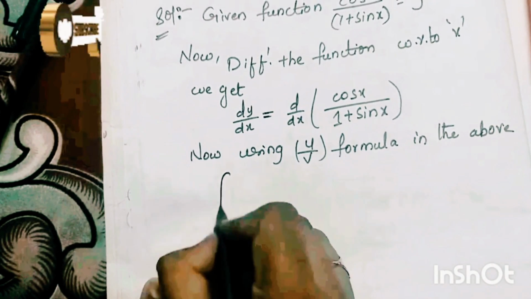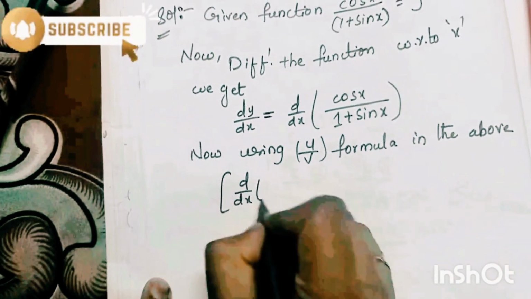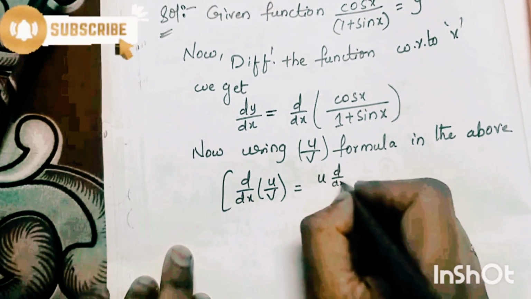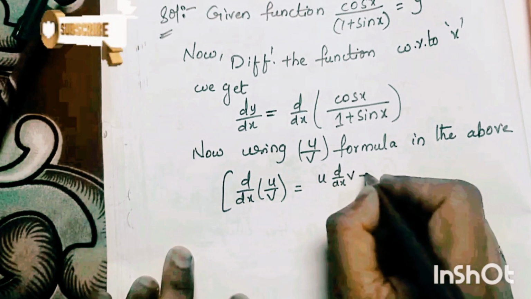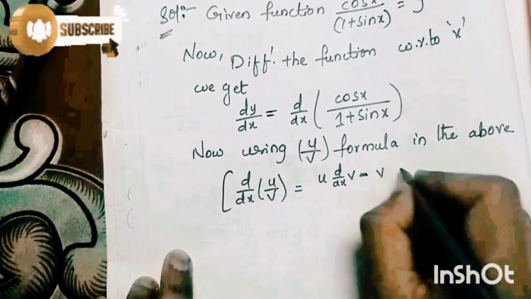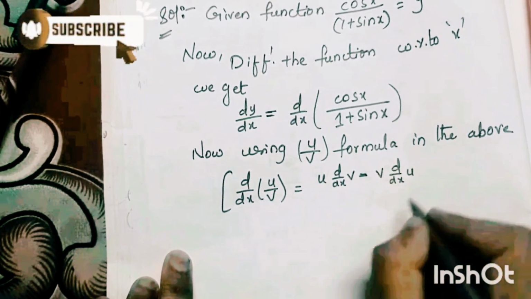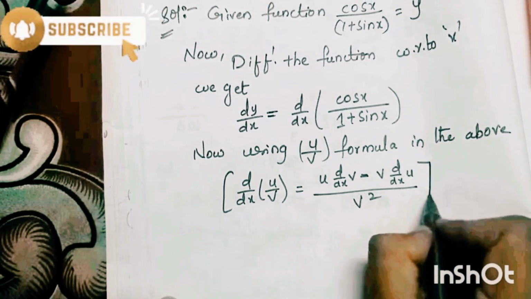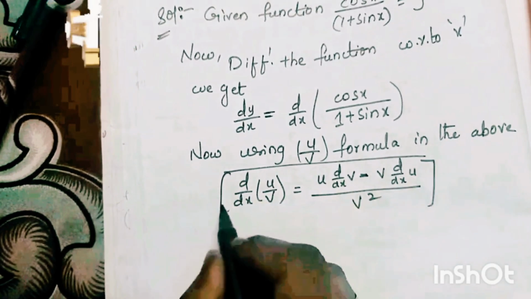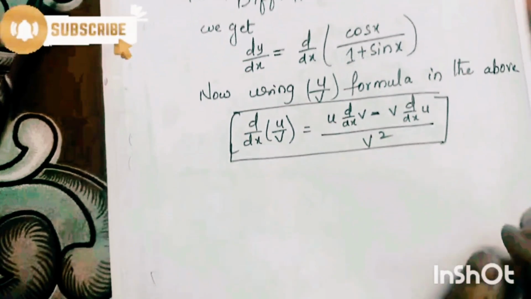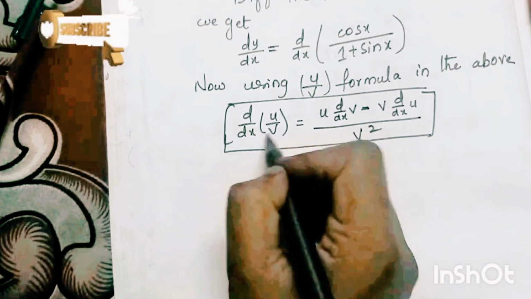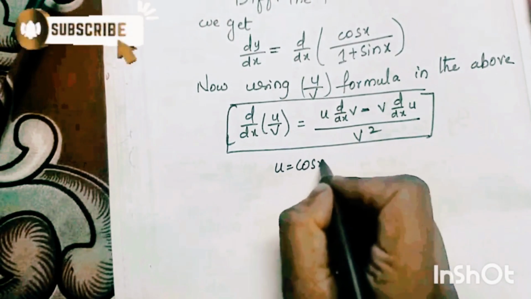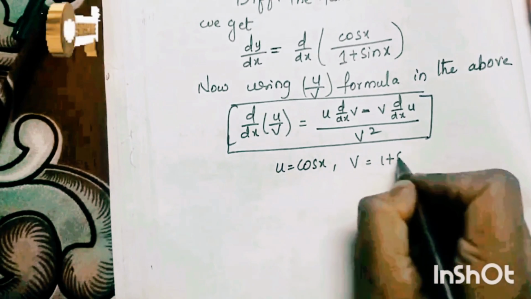The formula is d/dx of u by v is equal to v into d/dx of u minus u into d/dx of v, and in the denominator we write the square of v. This is the formula we have to use, the u by v formula. Apply this formula to this function. u is equal to cos x here, and v we take as 1 plus sin x.